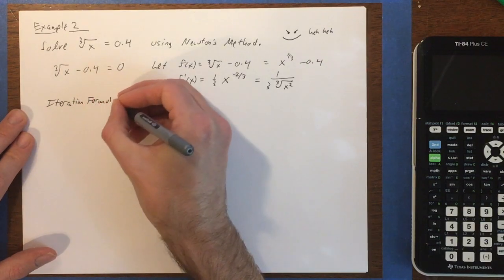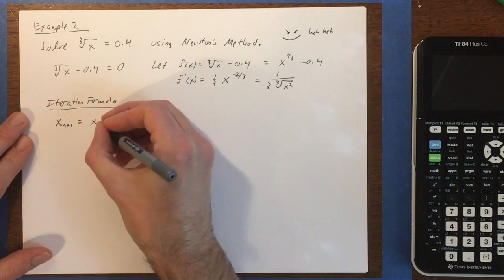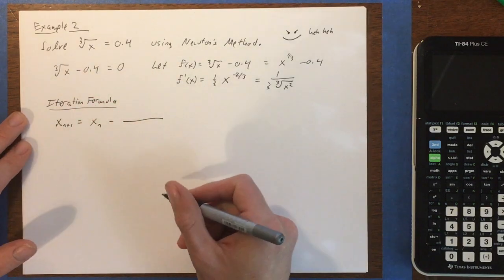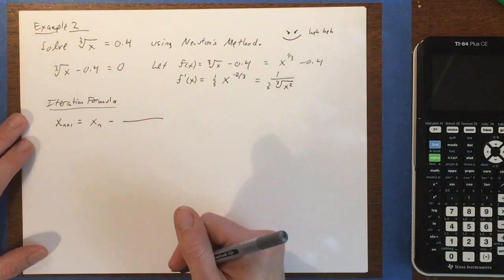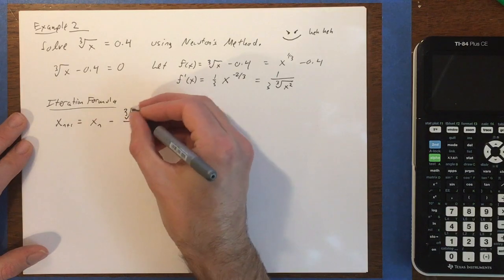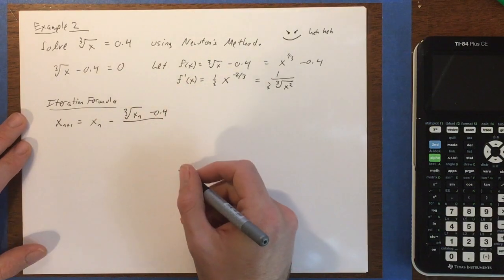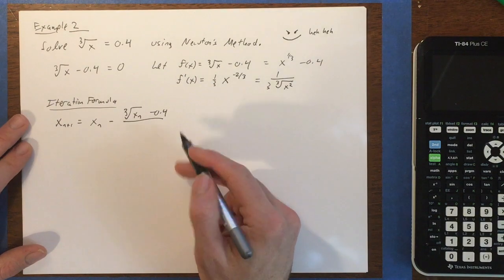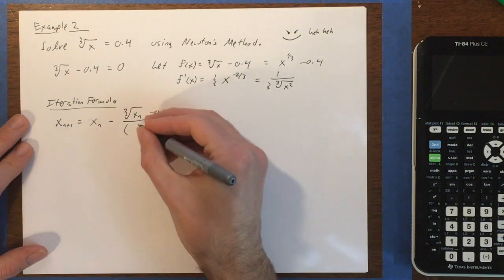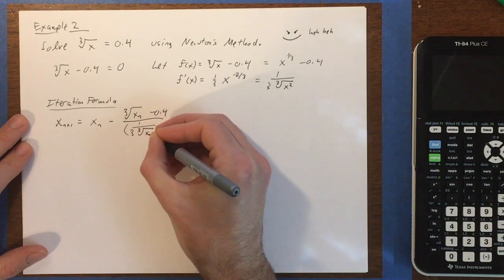As always, it is going to be xn plus 1 equals xn minus a fraction. And the fraction we're subtracting is f of xn in the numerator. So f is the cube root of x minus 0.4. For us, that's the cube root of xn minus 0.4. And then in the denominator, we have f prime. So that would be this thing, the 1/3 times the cube root of xn squared.